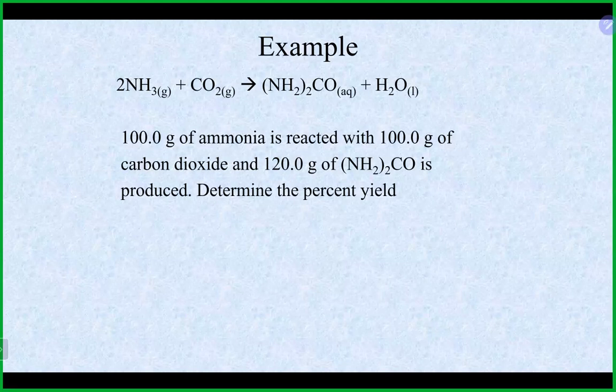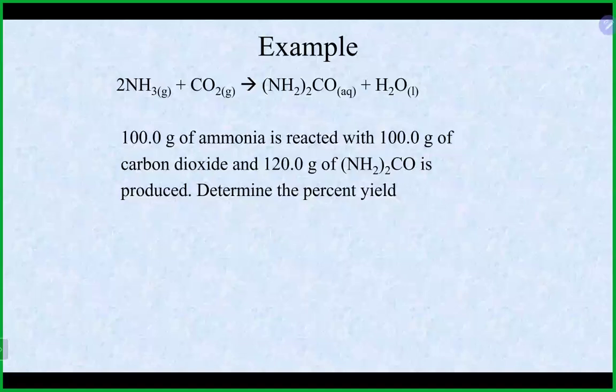If we take the 100 grams of ammonia and react it with 100 grams of carbon dioxide, and 120 grams of your product is produced, what is the percent yield? So take a few moments there and see what you come up with. And again, these are the same ones we just used in that previous problem, so you've got all the molar masses there that you can still use.